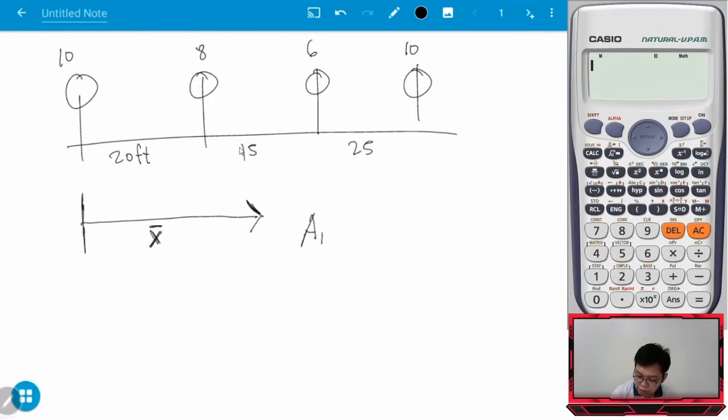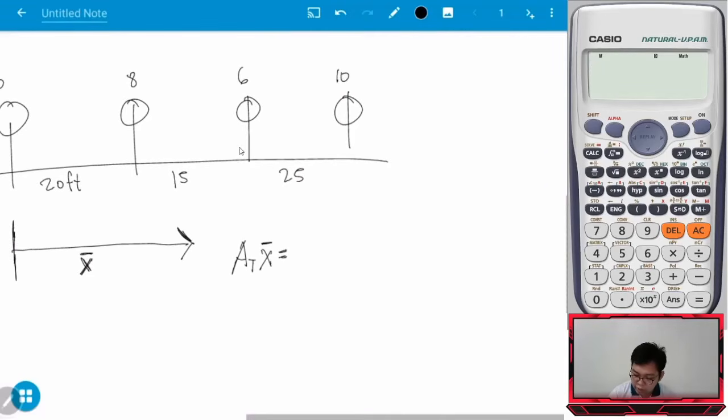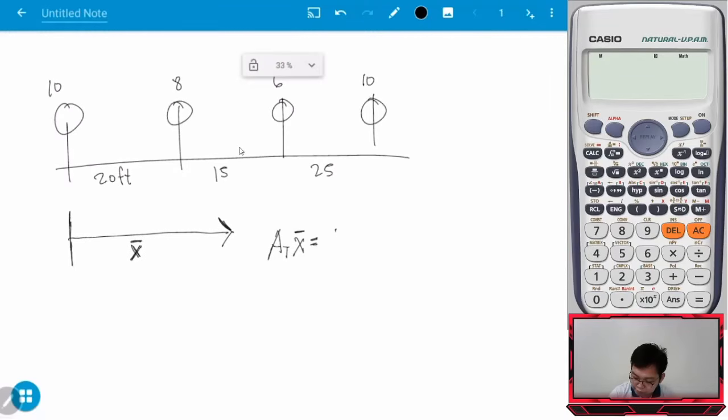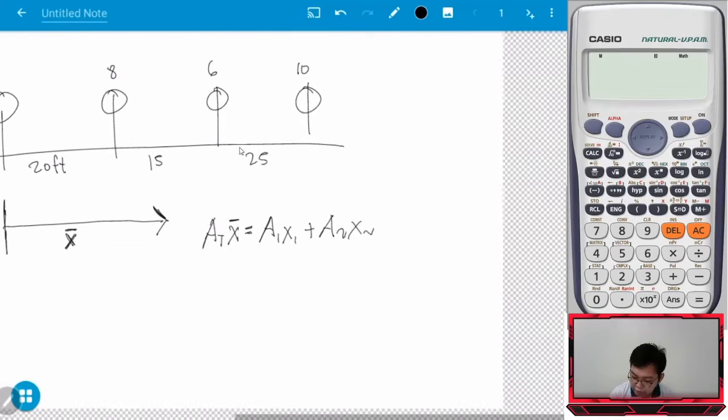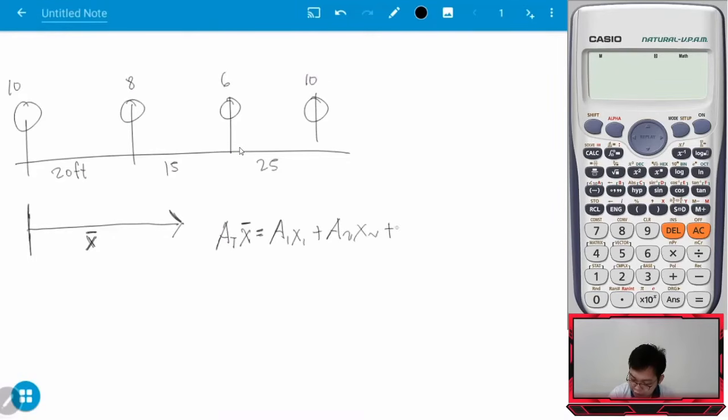Area total times barred X is equal to area 1 x1 plus area 2 x2, and then plus area 3 x3, and then plus area 4 x4.